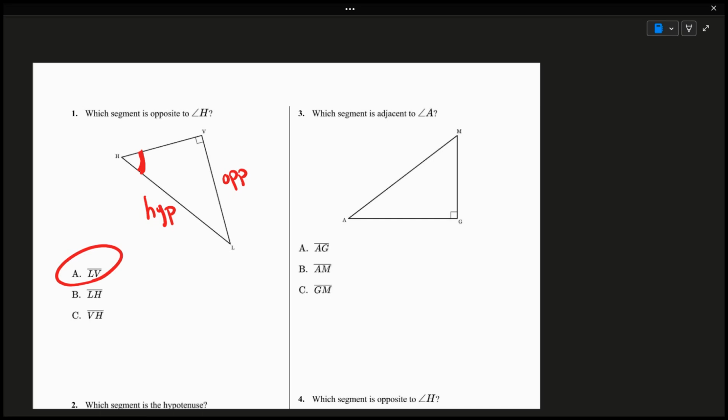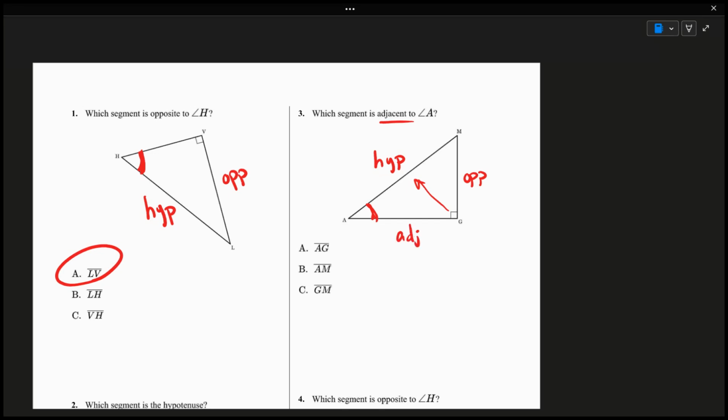In problem number 3, just going out of order, not scrolling, making you dizzy, we'll always know that's the hypotenuse, but relative to angle A, this is the opposite leg, and this is the adjacent leg.